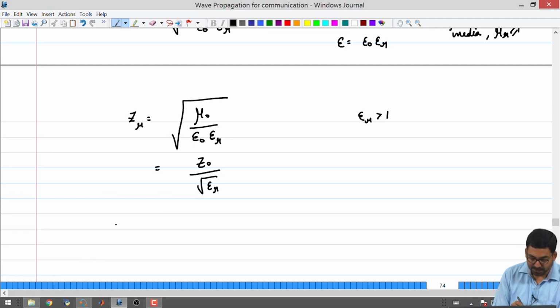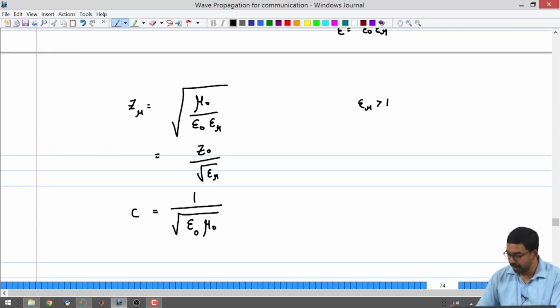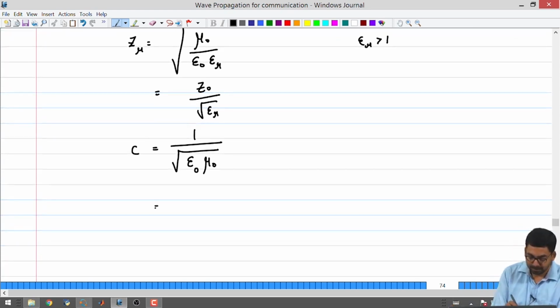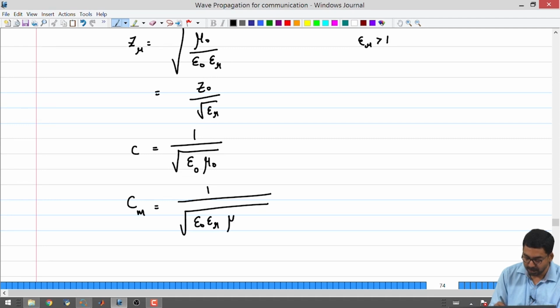The second thing is with respect to the velocity. The velocity we have seen for free space is 1 by square root of epsilon naught mu naught. For a material medium, the velocity C in some medium is 1 by square root epsilon naught epsilon r mu naught mu r.